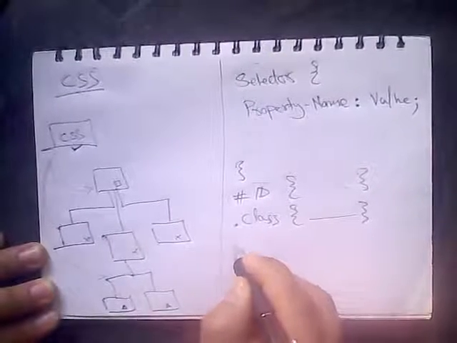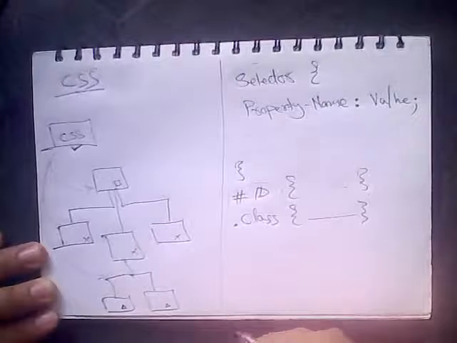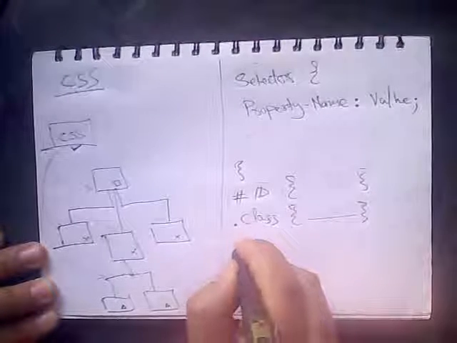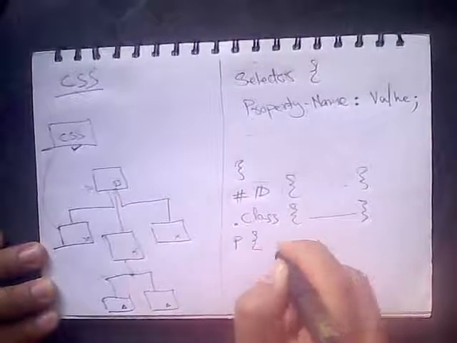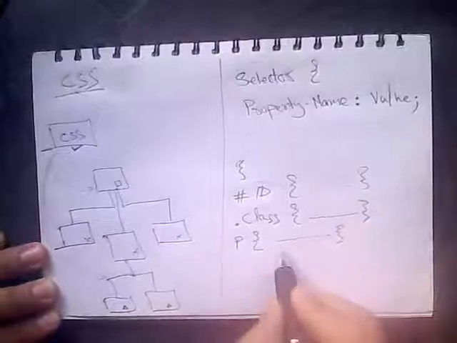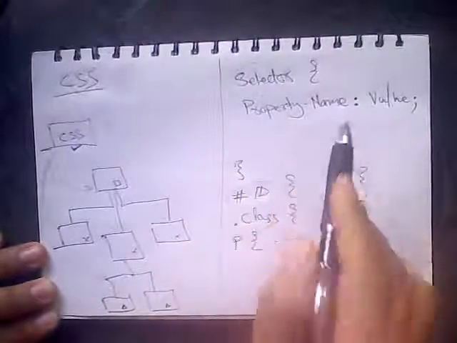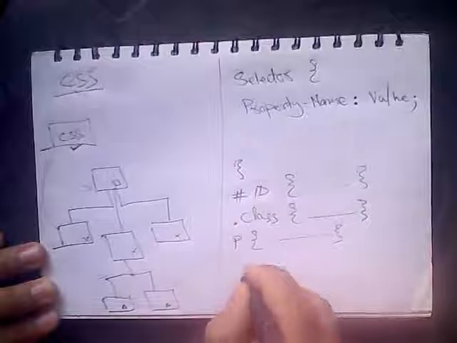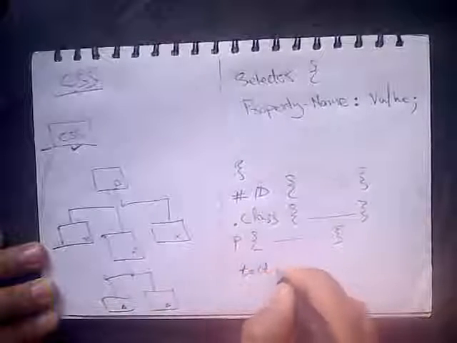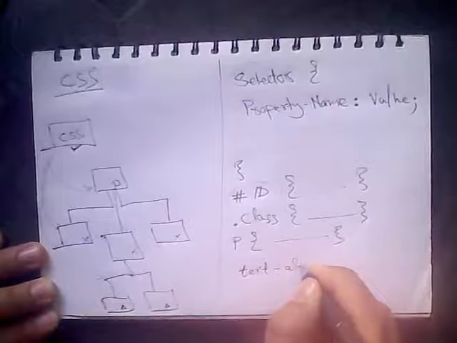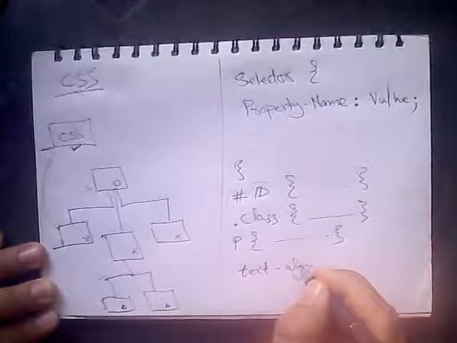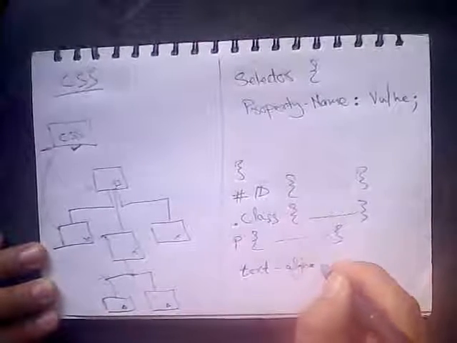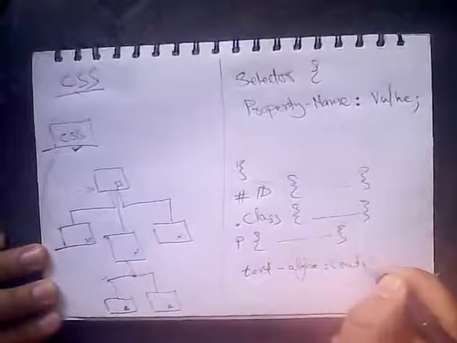So the other one is a direct tag name. For example, you want all the paragraph tags to have this specific style. And these property names could be, for example, text-align, and then colon center.